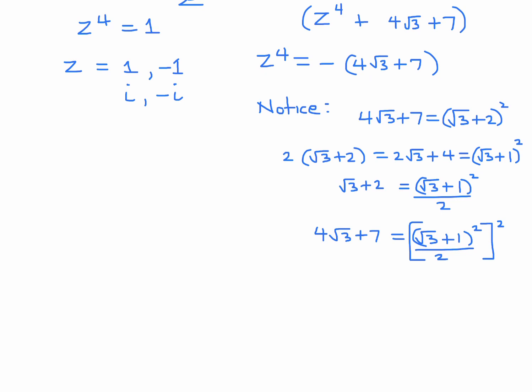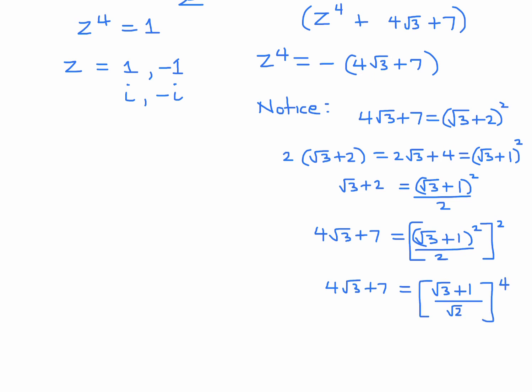Right? Just making some substitutions. And this 4 root 3 plus 7 would be equivalent to root 3 plus 1 over root 2, all to the power of 4.